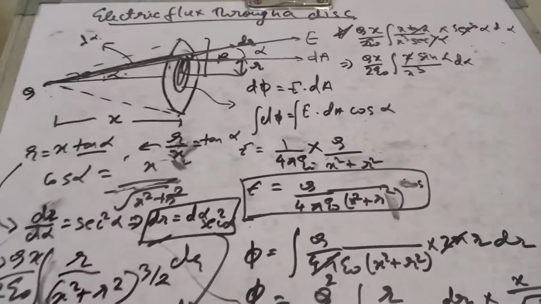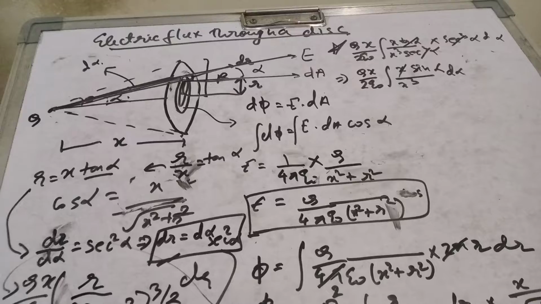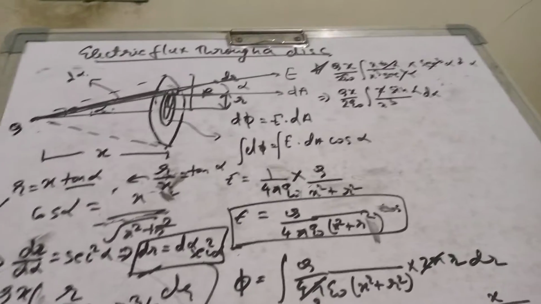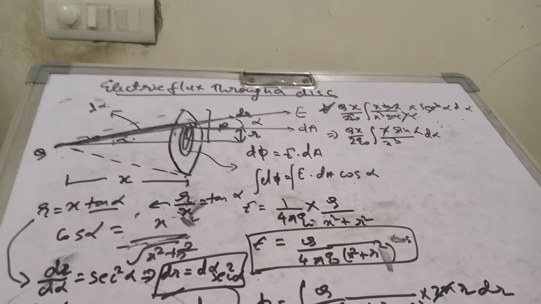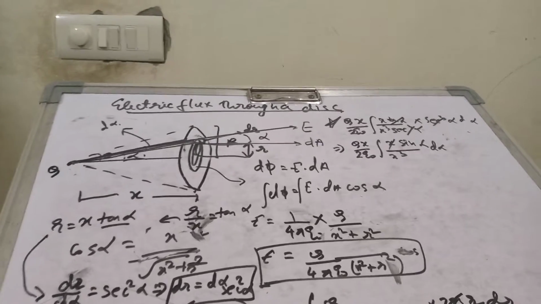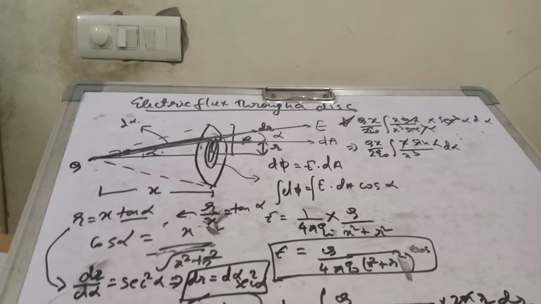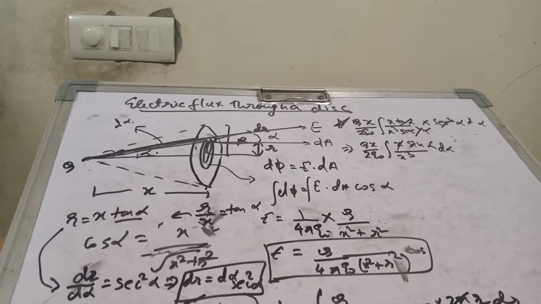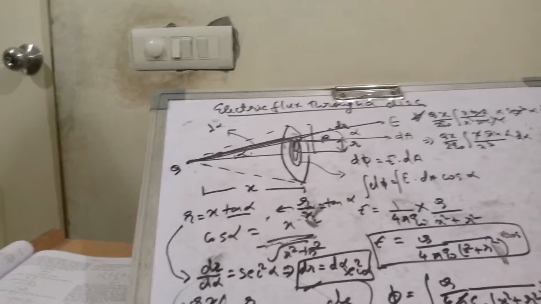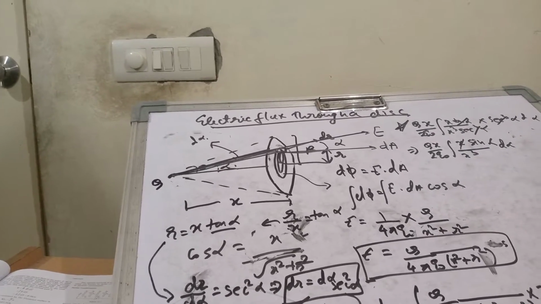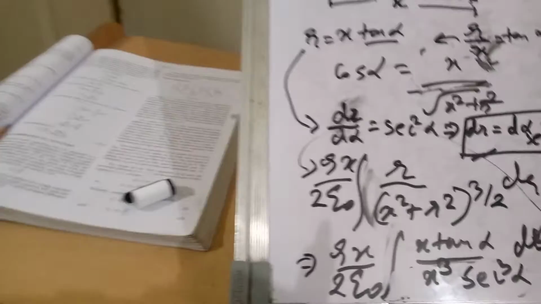It's kq upon r square, so q upon 4 pi epsilon into x square plus r square, something like this. I have forgotten x here.